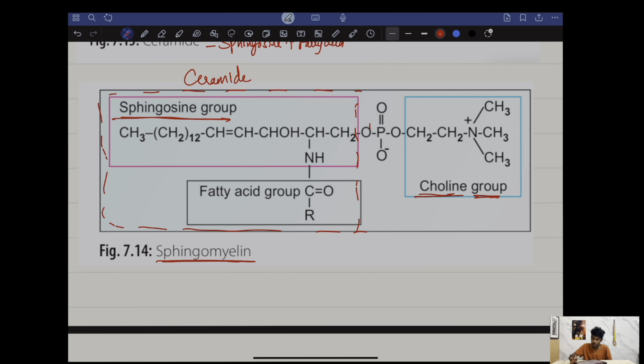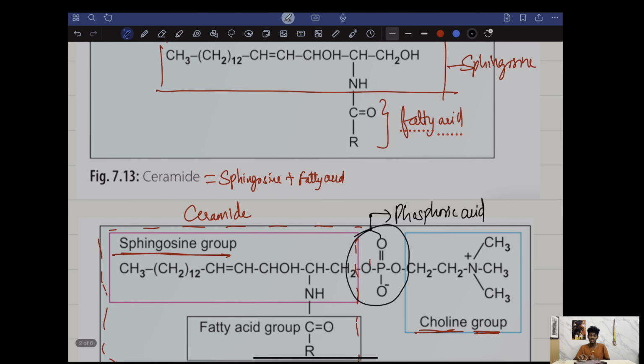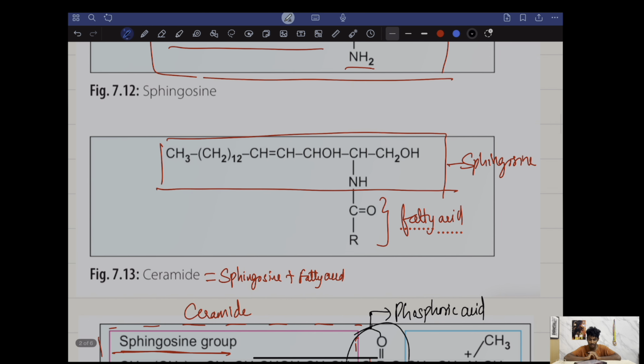In the center, there is something important which you would not have noticed in the ceramide. This is nothing but your phosphoric acid. So in sphingomyelin, you can find that there is a phosphoric acid.